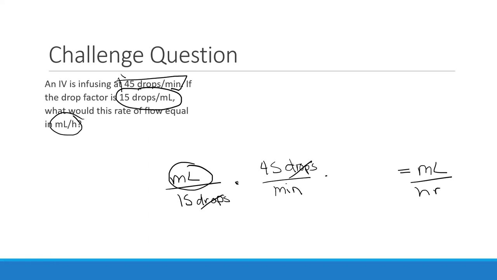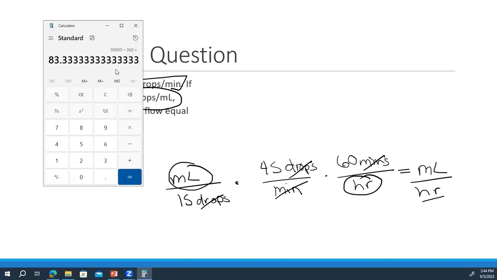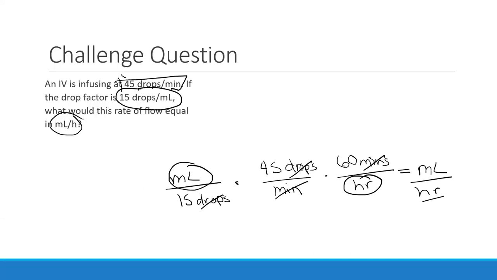Am I done yet? No, because it wants hour. So I can input 60 minutes up here, all over an hour. So they've got a date to the dance, and now I am matching the man in the mirror. So looking at this, we're going to do 45 times 60, which gives me 2,700, over 15.